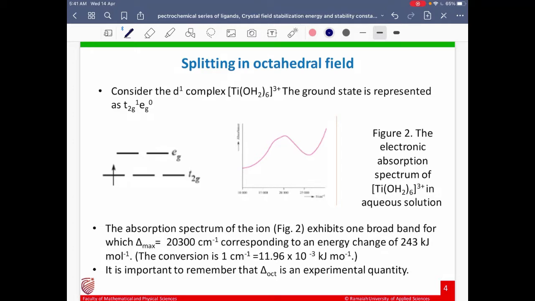So we can write that electron in t2g orbitals, and the ground state as t2g1 eg0. Only one d electron is present in titanium, and that will be in t2g. That's why we have written its ground state as t2g1 eg0.